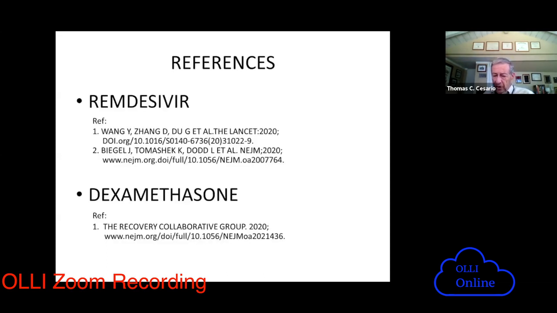We know a drug that blocks the ability of the virus to copy its own RNA. It's an enzyme called an RNA-dependent RNA polymerase, and it can be blocked. It's something that the virus has that's a little different than what we have, and so we can treat it. And the drug remdesivir has been shown to have some clinical effect.